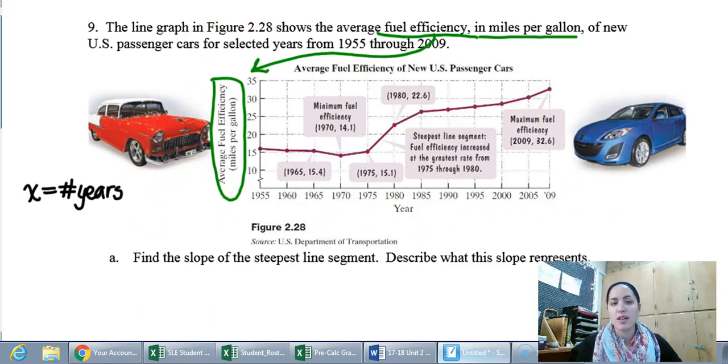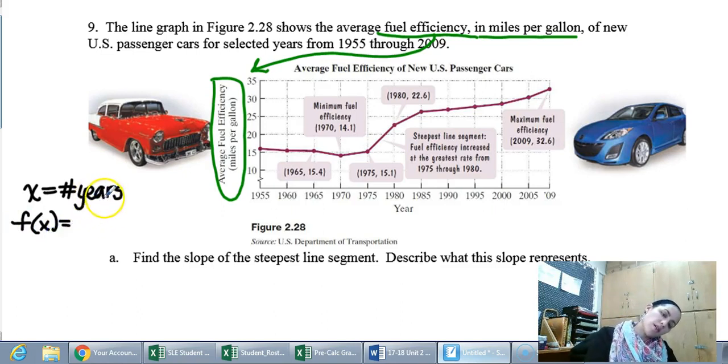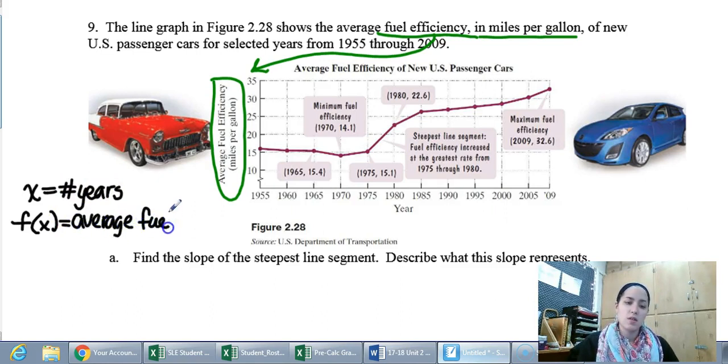So for right now, we'll just say years. And then f of x, or the y value, represents, it says on the y-axis, average fuel efficiency. And that's being measured in miles per gallon.